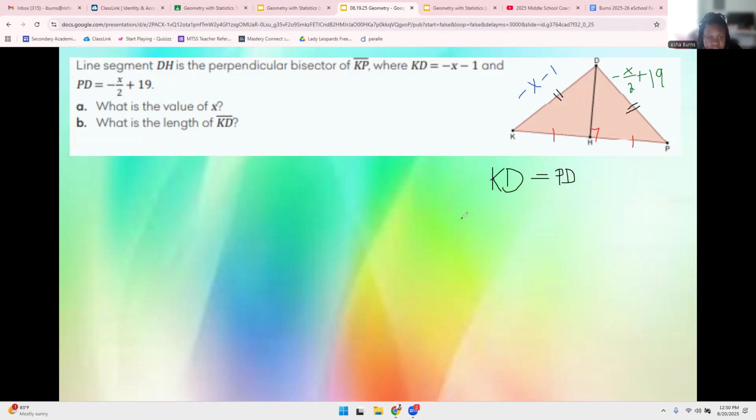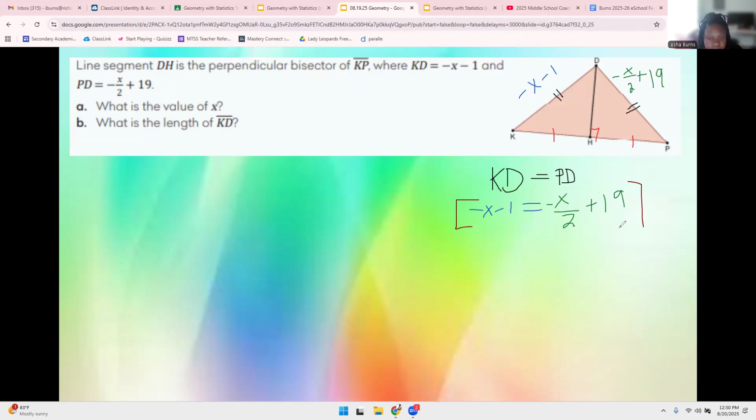And therefore, that's negative x. Actually, let me stick to my colors. So negative x minus 1 is equal to negative x over 2 plus 19. I am going to multiply everything by 2.